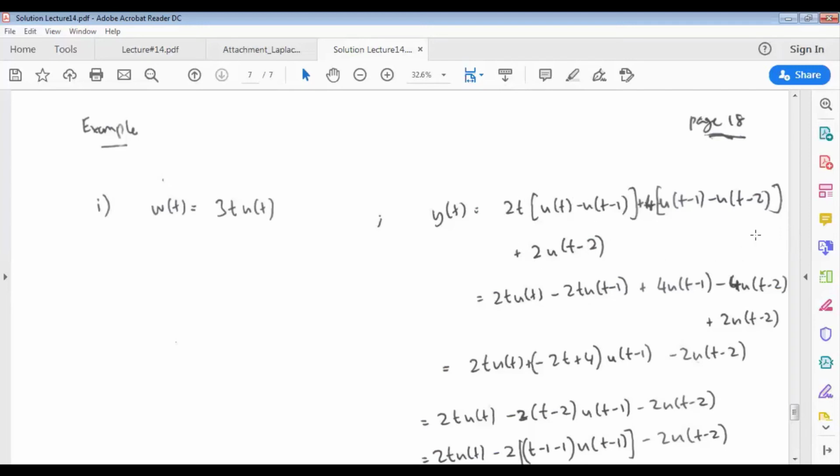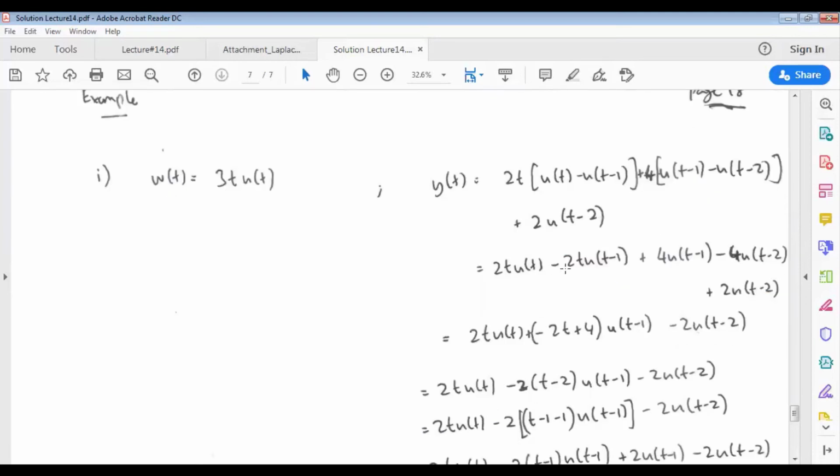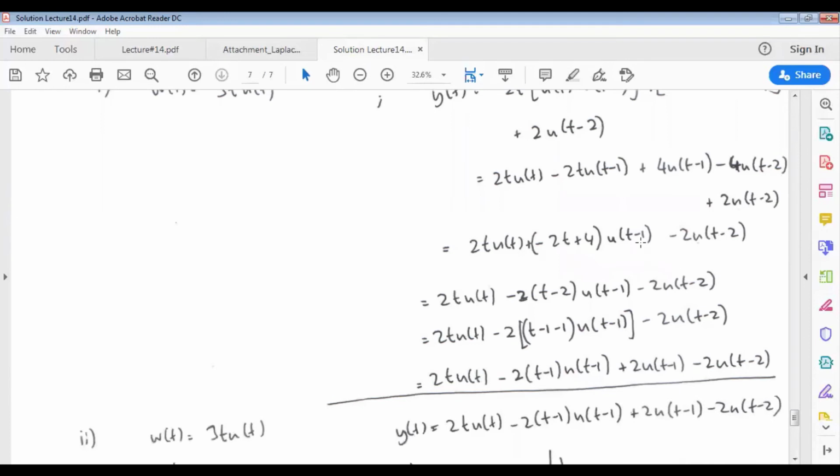Now we are going to rearrange the terms here. We have 2t ut minus 2t ut minus 1. This is for the first term. The second term is 4 ut minus 1 minus 4 ut minus 2 plus 2 ut minus 2. I'm going to rearrange again.